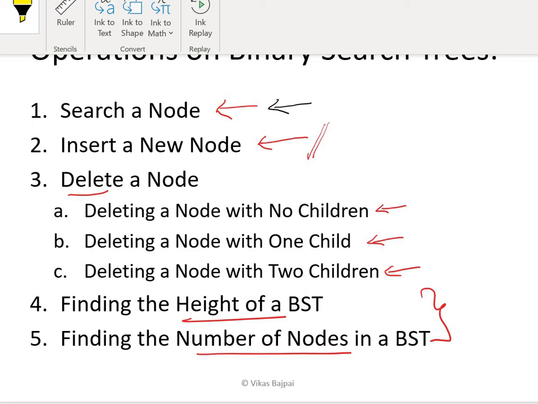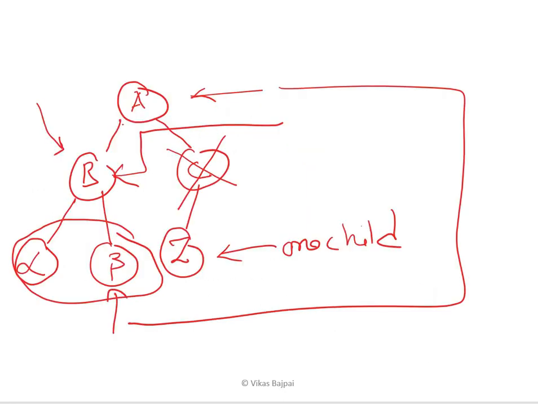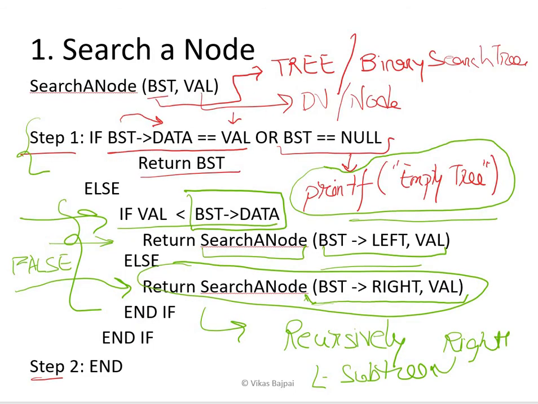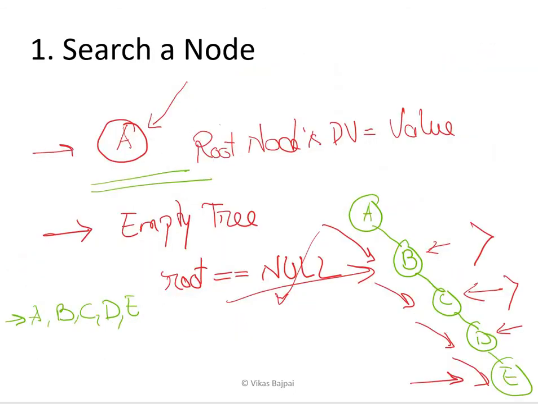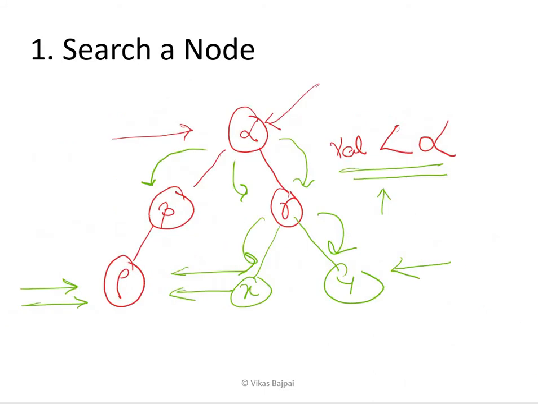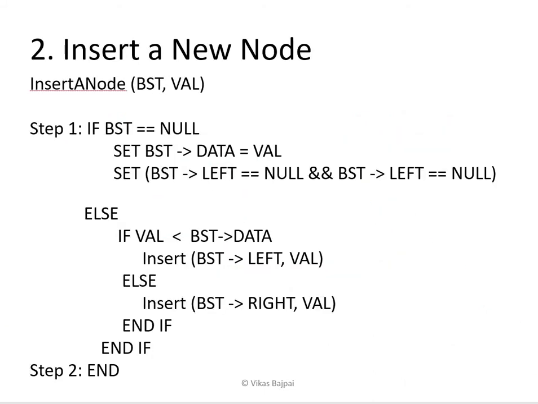Now, coming back to our old discussion, in the last class we looked into the search operation, and then we took a couple of examples. Then in today's class, we'll talk about inserting a new node.